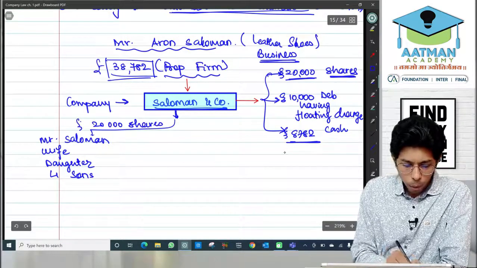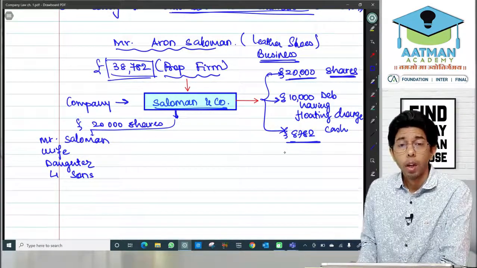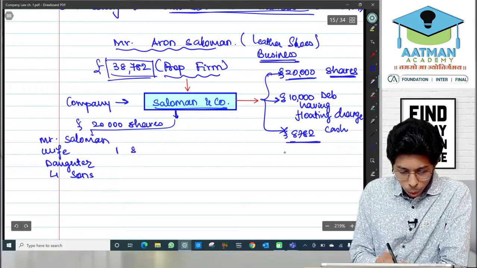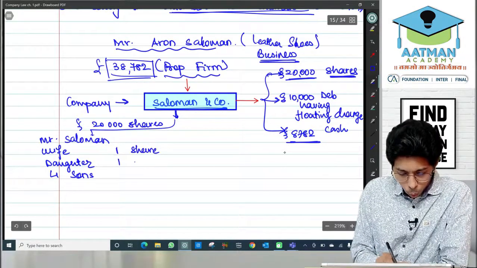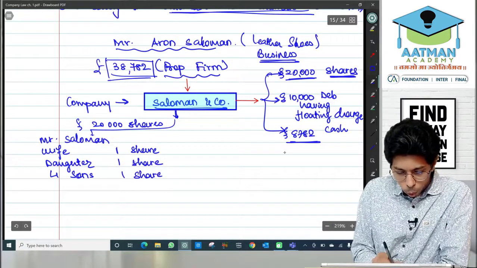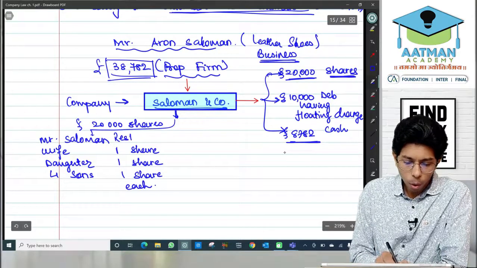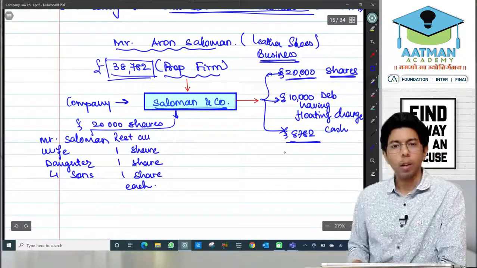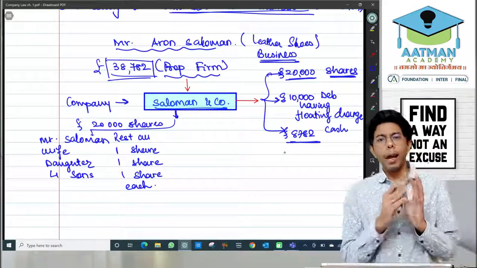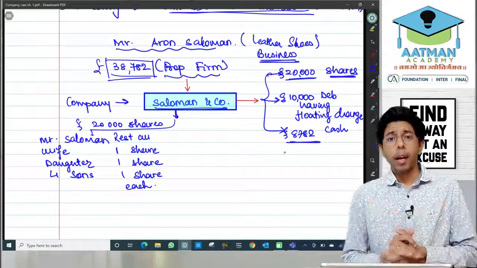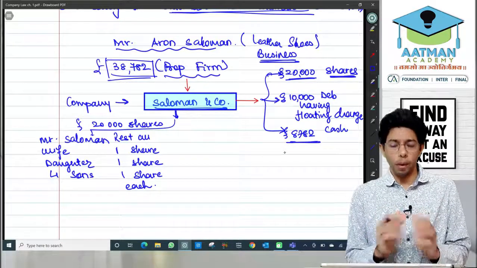Shares of pound 20,000 are divided. How? 1 share for wife, 1 share for daughter, and 1 share for each of the 4 sons. The remaining shares are all taken up by Saloman. So we can say that more than 99% of shares are held by Mr. Saloman.